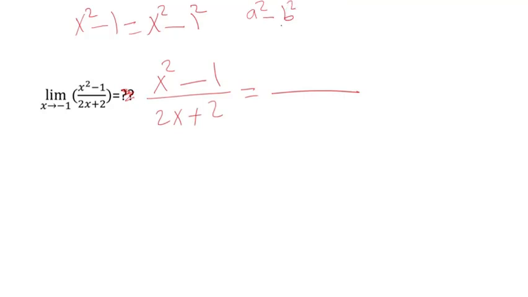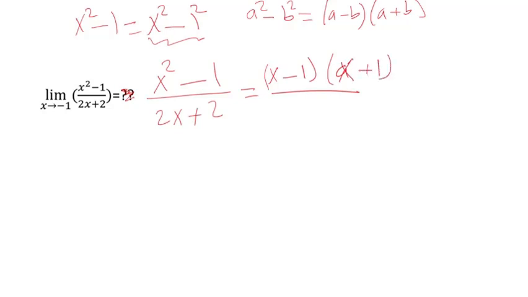So a squared minus b squared is the same as a minus b times a plus b. I can write this, my a in this case is x and my b is 1, so x minus 1 times x plus 1.